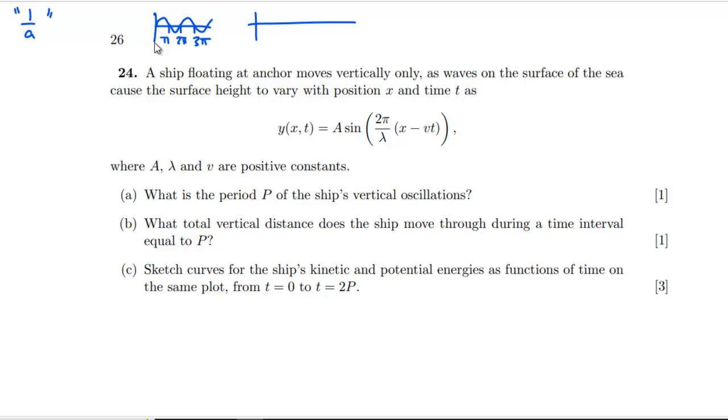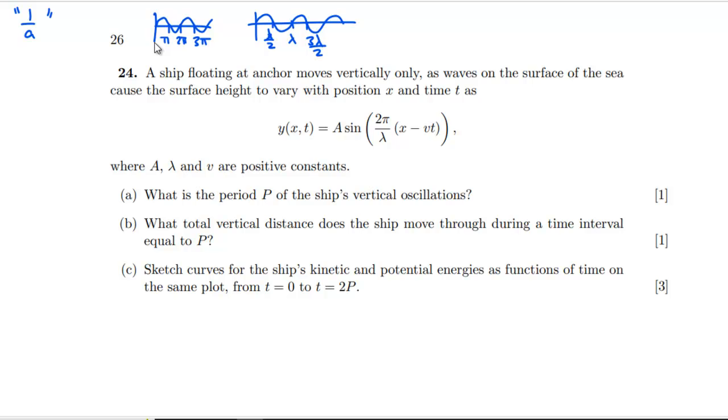So that is dividing this pi, 2 pi, 3 pi bit, all these numbers we've got here, by the 2 pi over lambda. So what we end up with is we've still got our sine wave looking much the same, but these points are now lambda over 2, lambda, 3 lambda over 2. So we're turning the x-axis into the language of wavelength here.